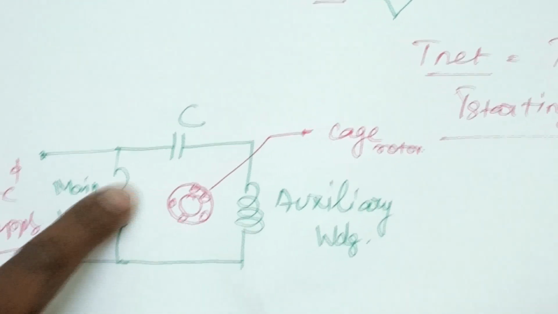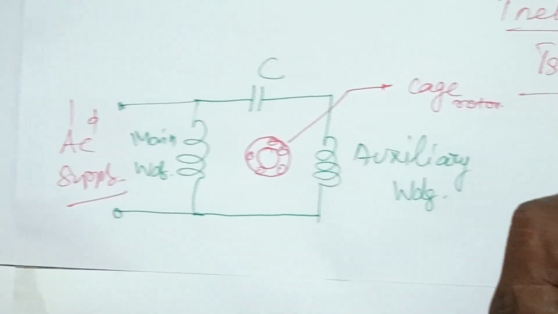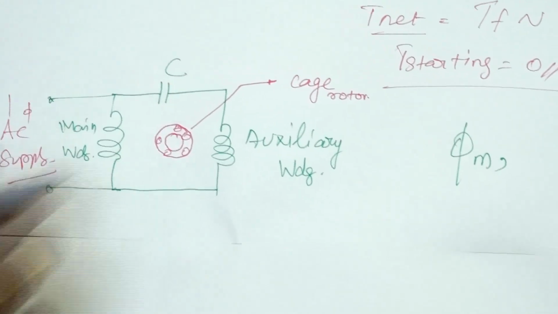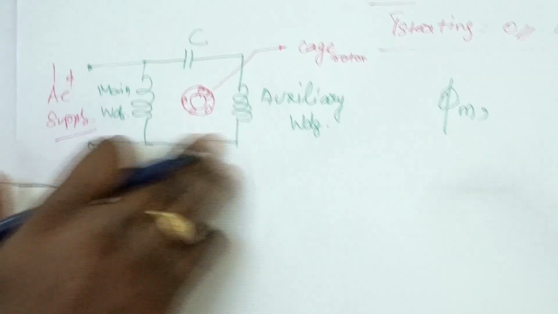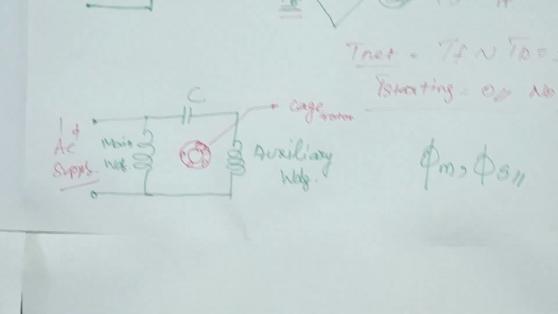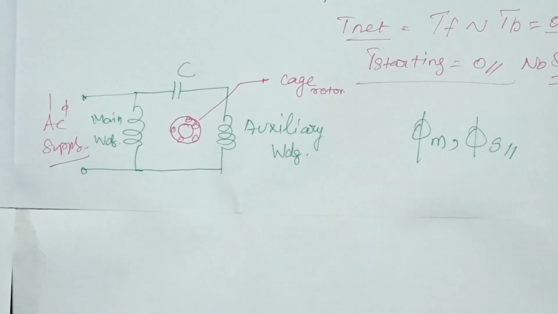The main winding produces the main flux, phi m. Meanwhile, because of the capacitance, the supply current goes to the auxiliary winding, and one more flux is developed, that is phi s. Now we have two fluxes with a phase angle difference of around 90 degrees.